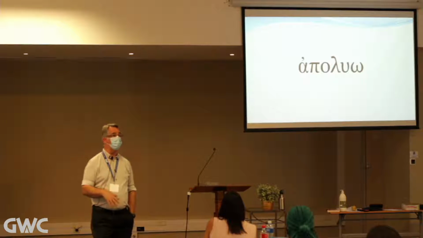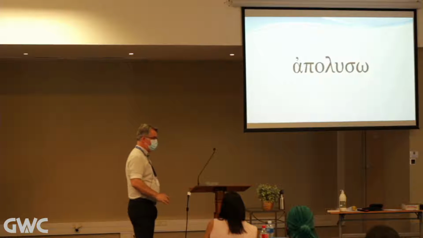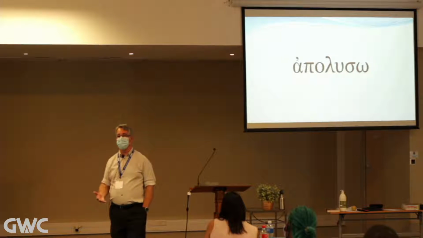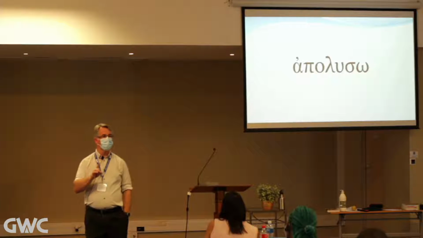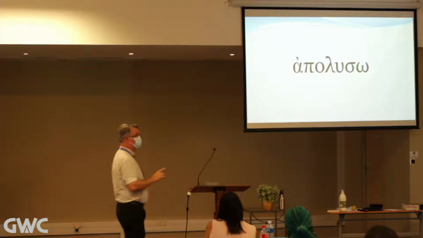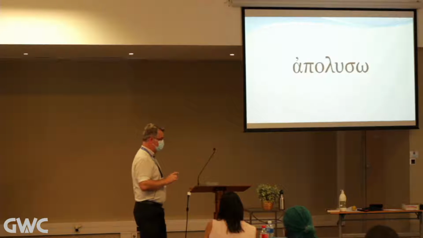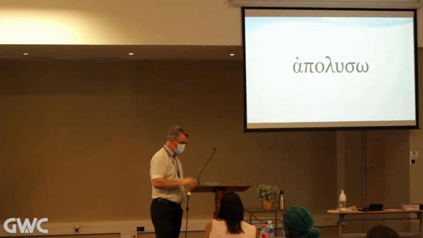I just add a sigma. So apaluo, apaluso. No problems. I will divorce. No, you won't. Ever. Marriage is for life. What God's joined together, let no one separate. Apaluo, apaluso. Okay, that's fine.